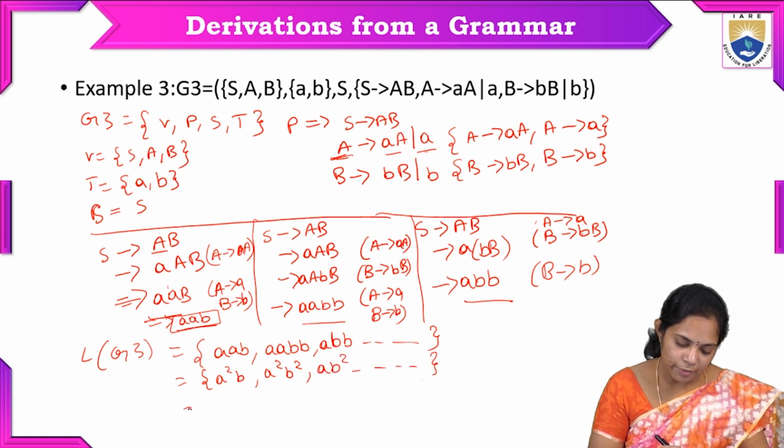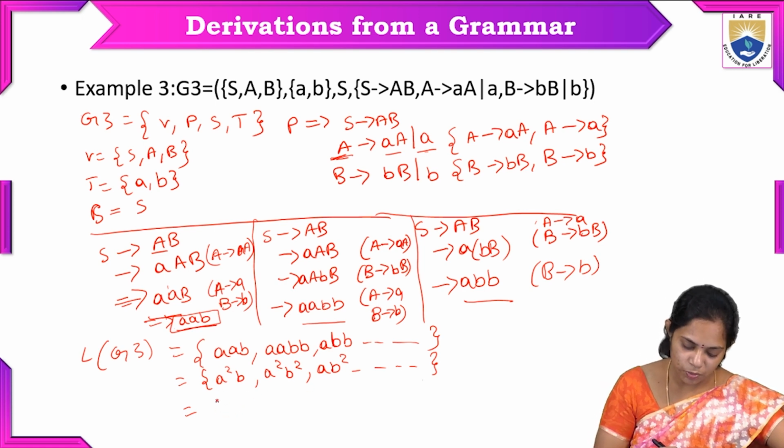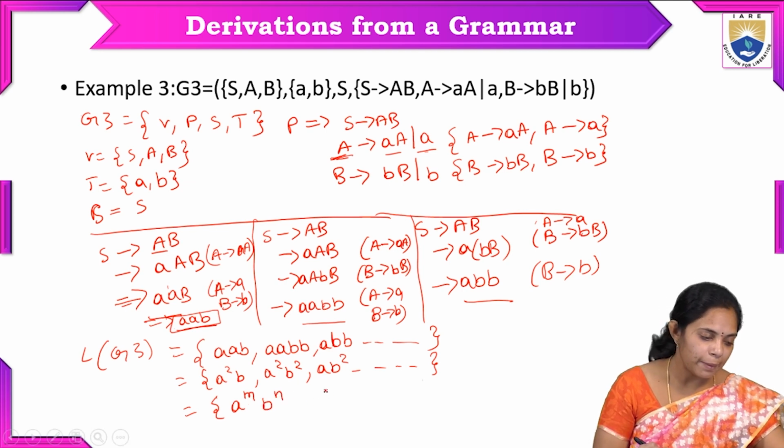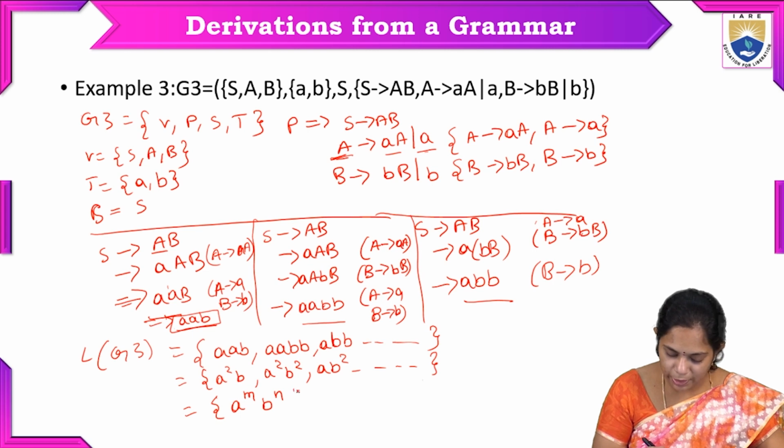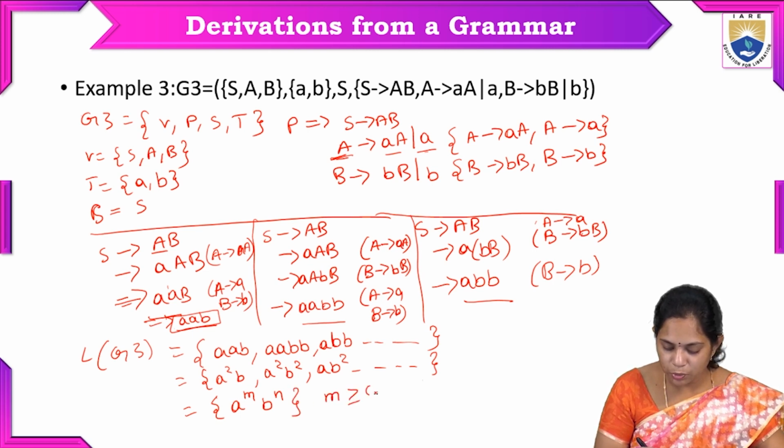So by deriving all these strings, we can also write A power M B power N. Here A power M and B power N, we represent with M greater than or equal to 0 and N greater than or equal to 0.